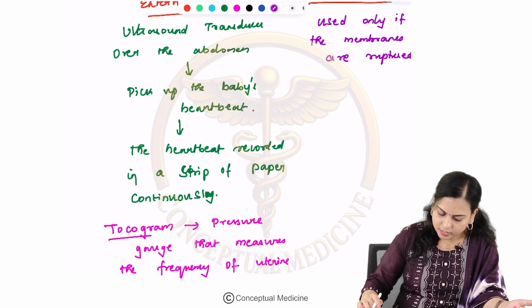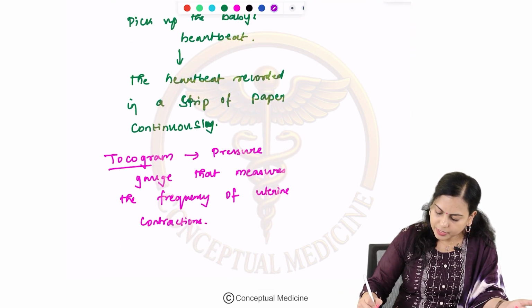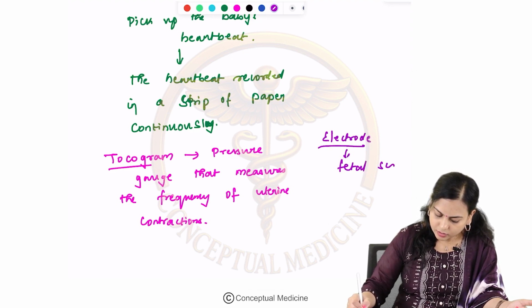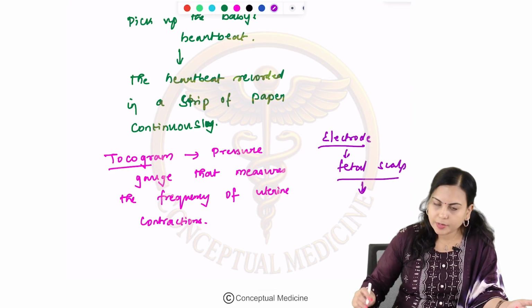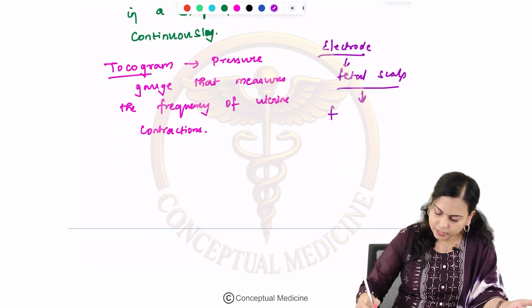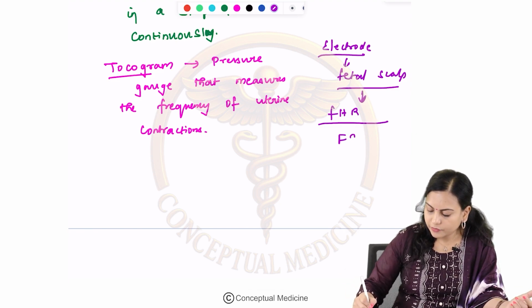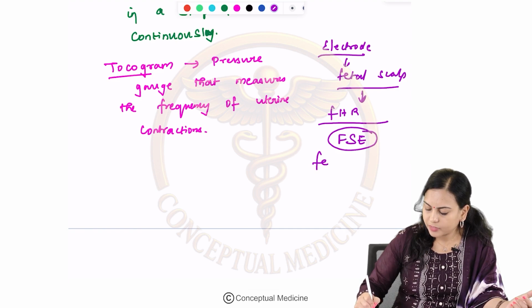And what we'll be doing is keeping an electrode directly on the fetal scalp. So that will be monitoring the fetal heart rate. This electrode is called the fetal scalp electrode. Clear?